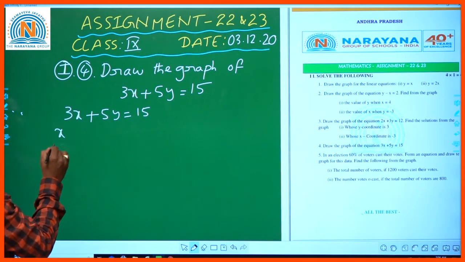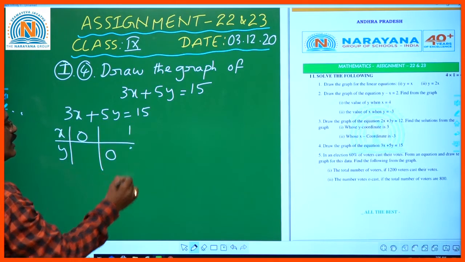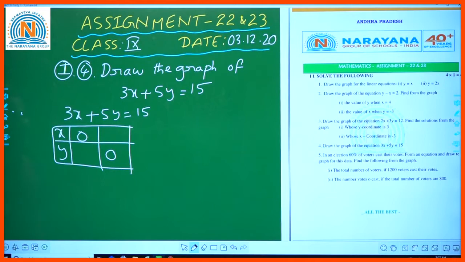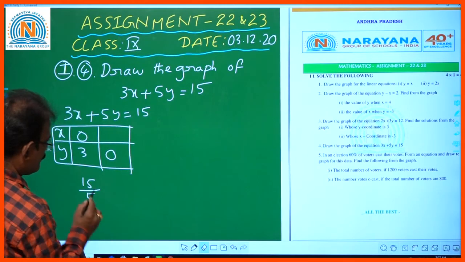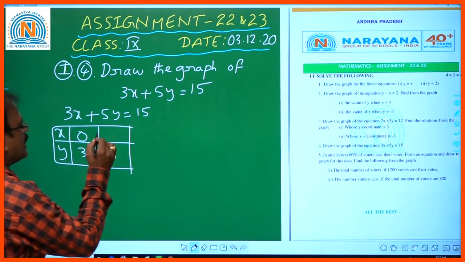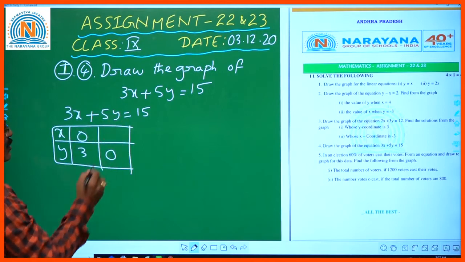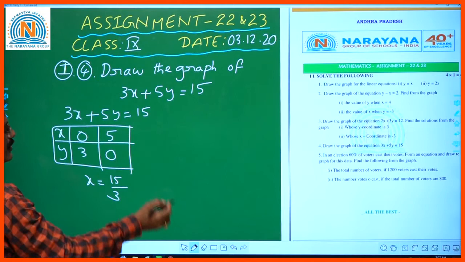So take x as 0 once, y as 0 once. If x is equal to 0, then the x term disappears. 5y is equal to 15, y is equal to 15 by 5, 3. And if y is equal to 0, 3x is equal to 15, x is equal to 15 by 3, 5.